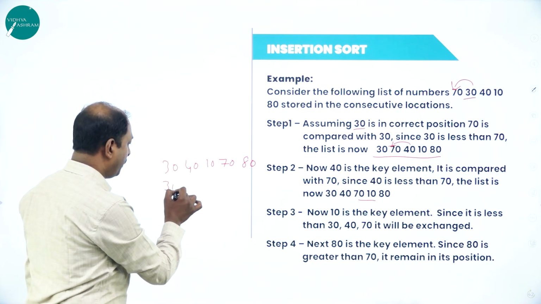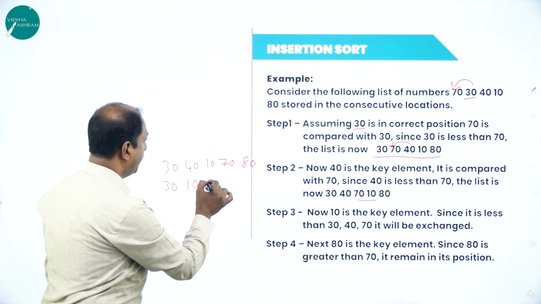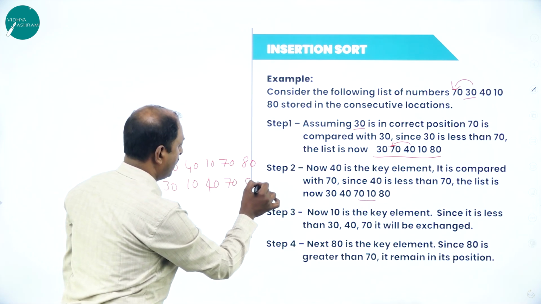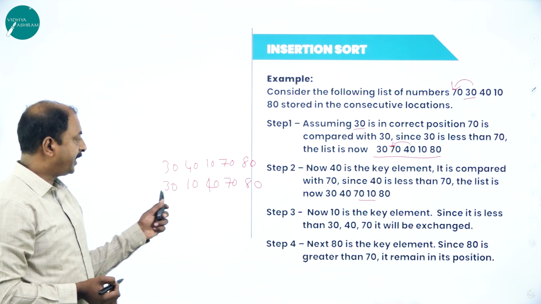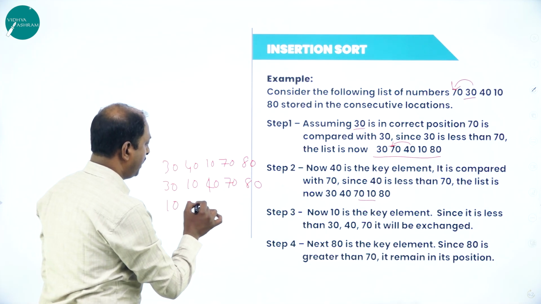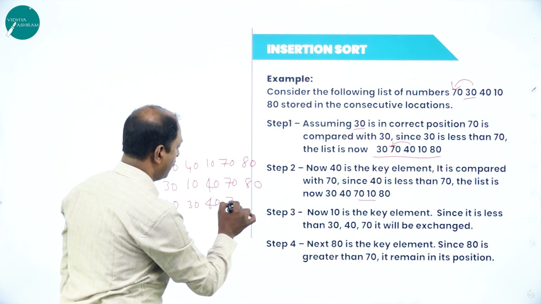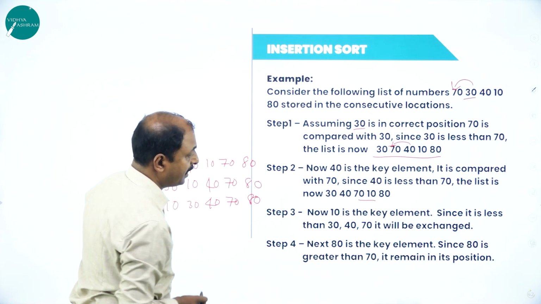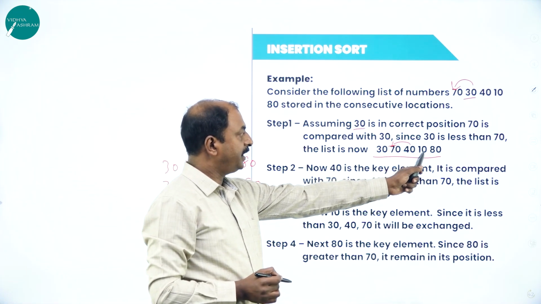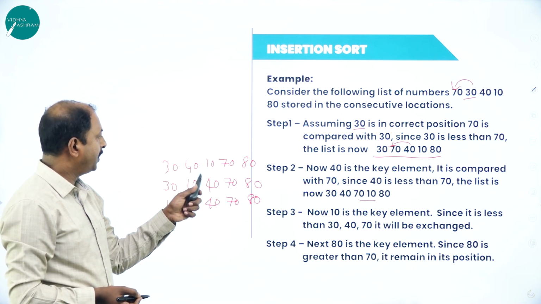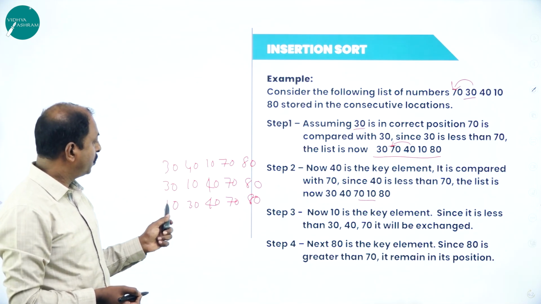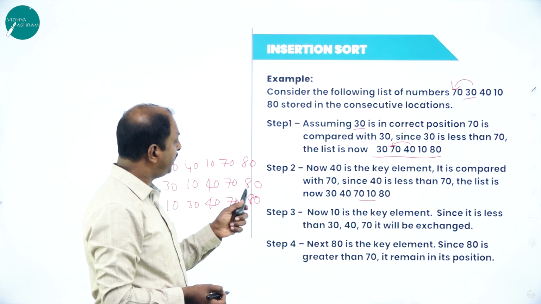So the next step will be 30, 10, 40, 70, 80. Now, 10 is less than 30, again it has to be interchanged. So it becomes 10, 30, 40, 70, 80. Now at this stage, 10 is less than 70, 40 and 30, so 10 comes to its right position. So 10, 30, 40, 70 and 80.